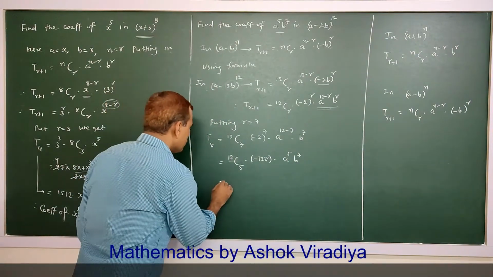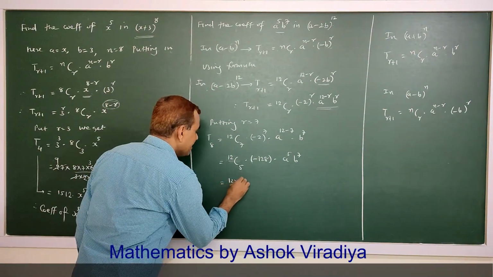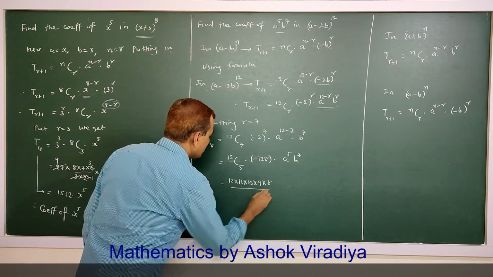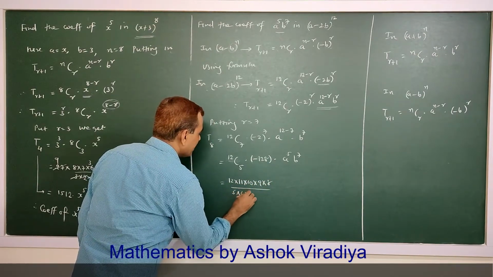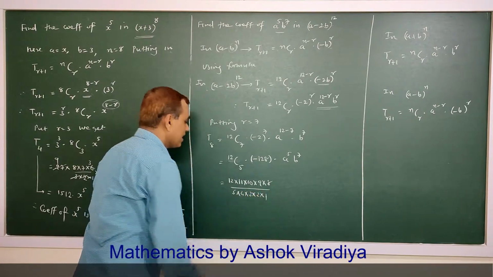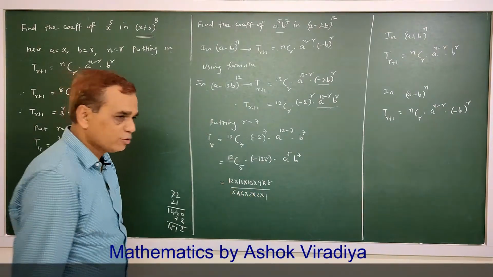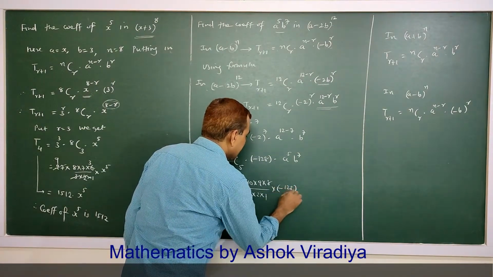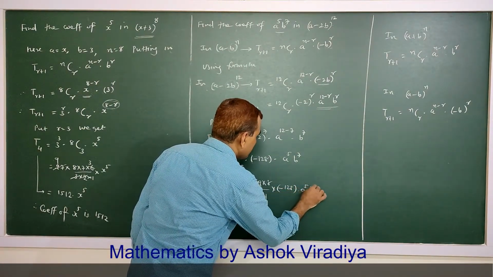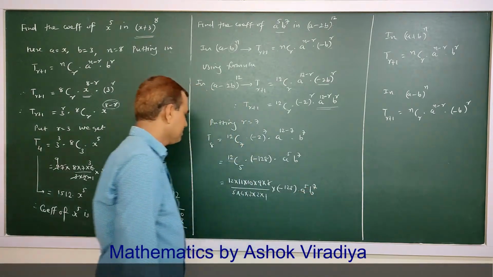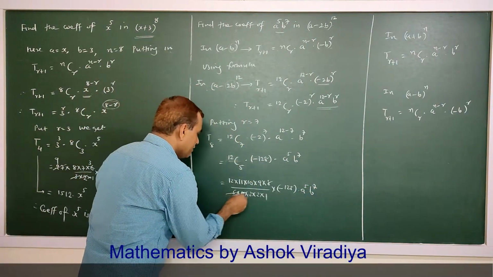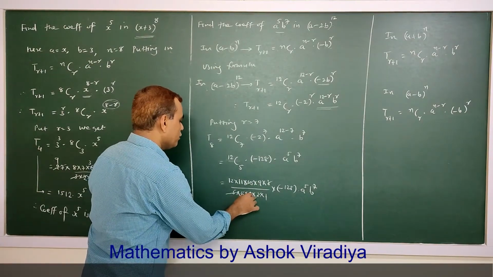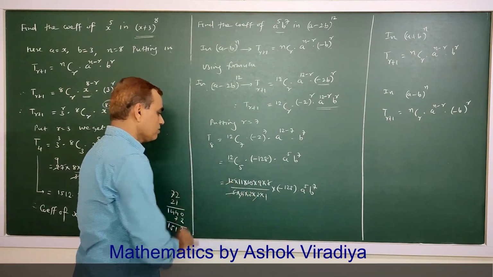So this is equal to, now 12c5 is 12 into 11 into 10, 9 into 8 upon 5 into 4 into 3 into 2 into 1. This is 12c5 into minus 128 into a raised to 5, b raised to 7. Now here 5 into 2, this is 10, 4 into 3, it is 12.